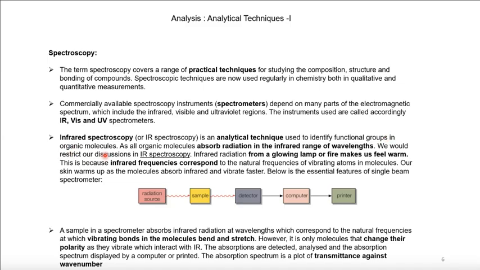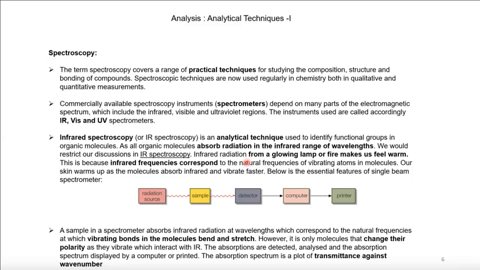Functional groups can also be identified by mass spectrometry, but this technique is complementary and is also used to confirm it. We also know that all organic molecules absorb radiation in the infrared range of wavelengths. We would restrict our discussion to IR spectroscopy while we are discussing AS level chemistry.